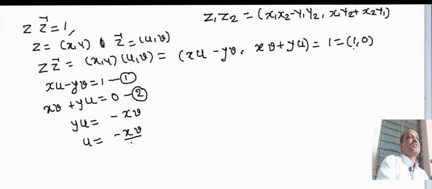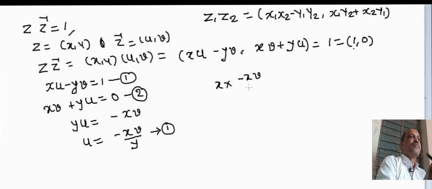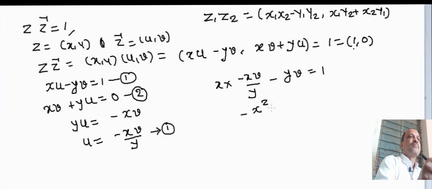So, let us put this value in equation number 1: x into minus x into v divided by y, minus y into v, equal to 1. Okay. So, we get x into x square minus x square divided by y minus y, let us take v common, v equal to 1.